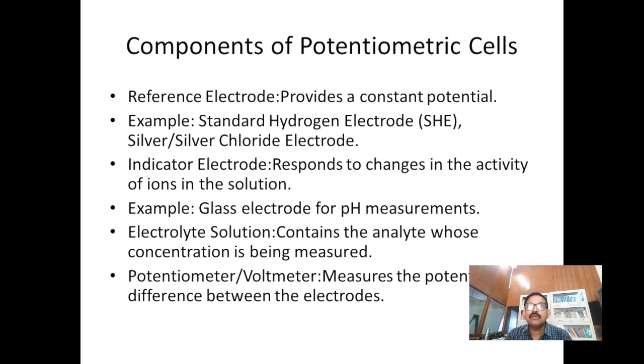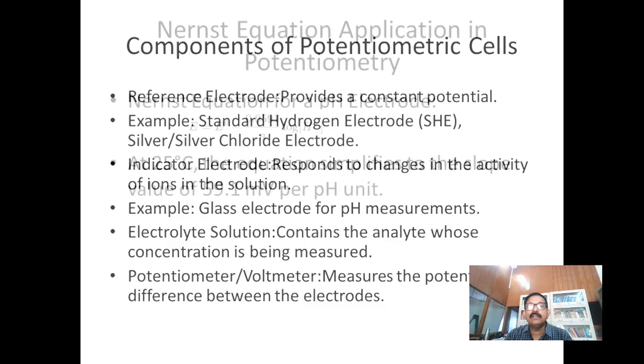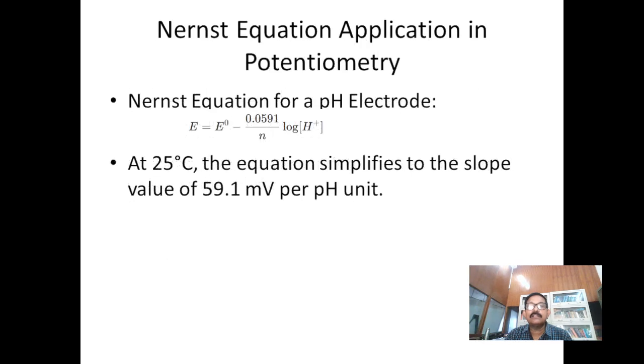In the reference electrode, the potential is constant throughout the titration. That means whatever the concentration of the reactants inside the container, it is not affected. Whereas the indicator electrode is affected by the concentration of the reactants. That's the main thing involved in potentiometric titrations.